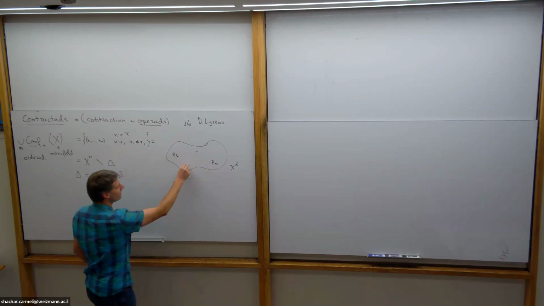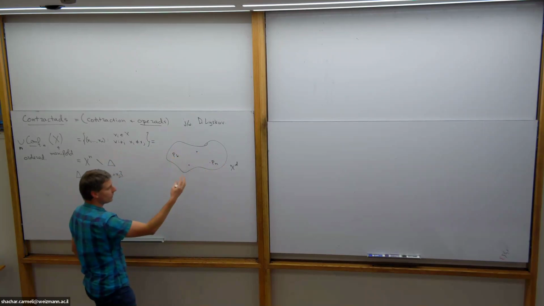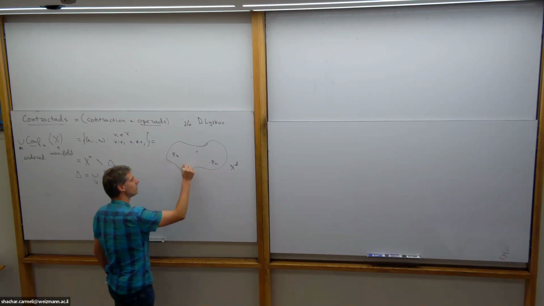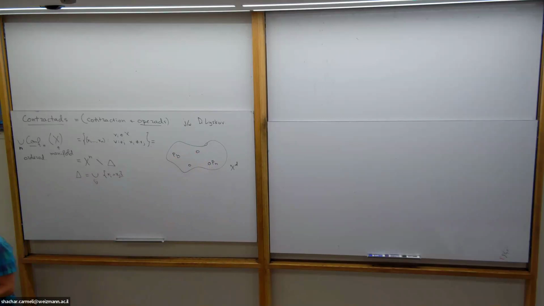You can think about points going closer to each other, or you can do it the other way around. Instead of thinking about the points, think about small disks around those points. Homotopically it's absolutely the same, so you can contract everything.